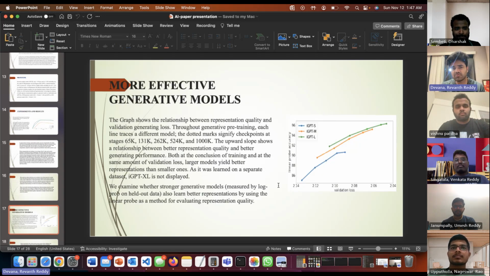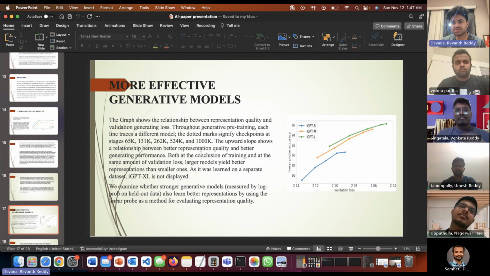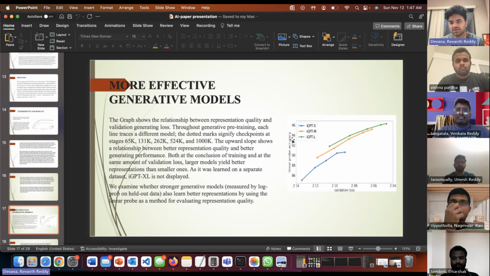This graph shows the relationship between the representation quality and the validation generative loss. The x-axis represents the validation loss and the y-axis represents the linear probe accuracy.